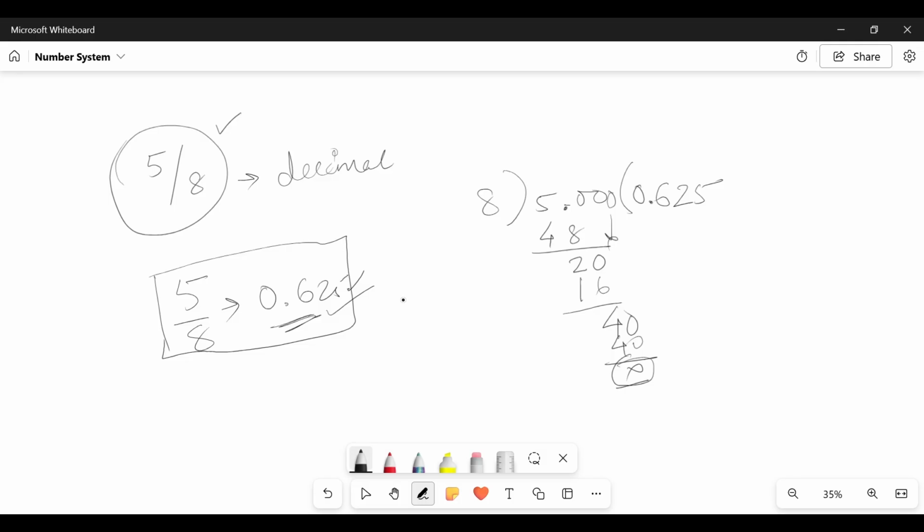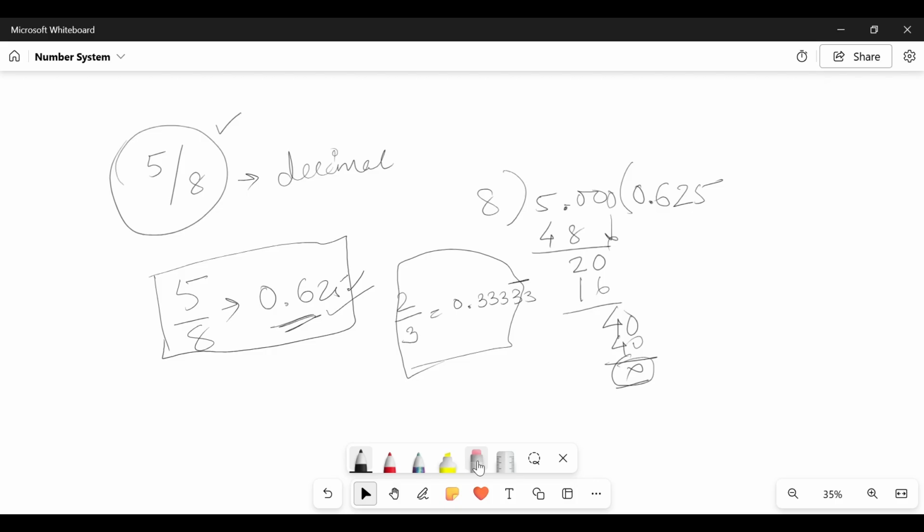There would be scenarios where earlier we just saw that when we divided 2 by 3, we keep on getting a number which is not terminating. So what we say is this is a non-terminating recurring decimal format of a rational number.